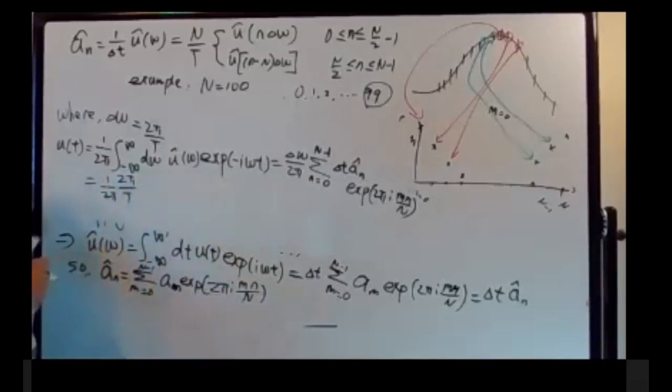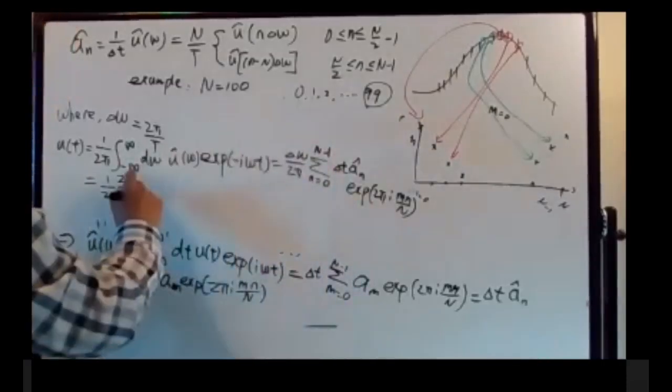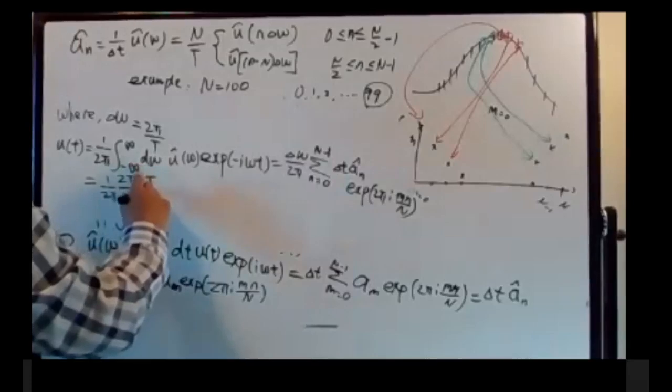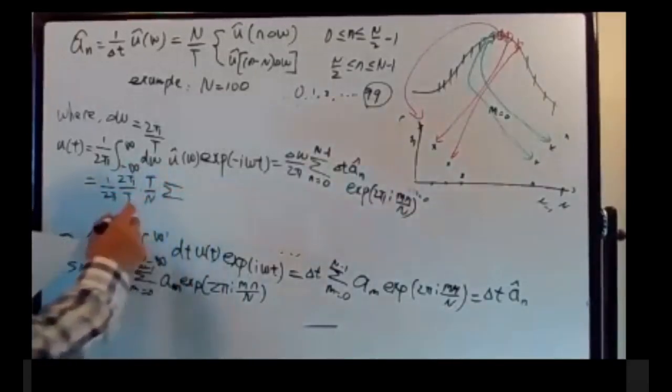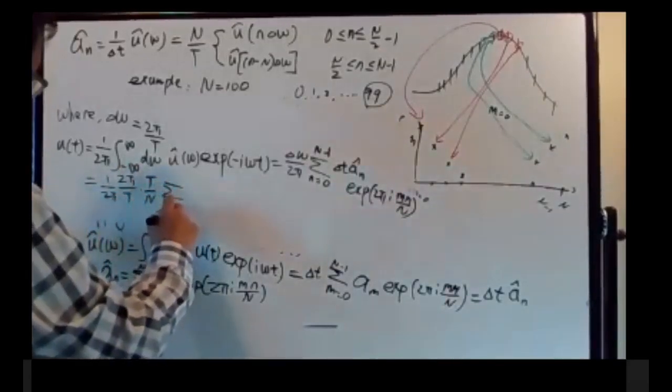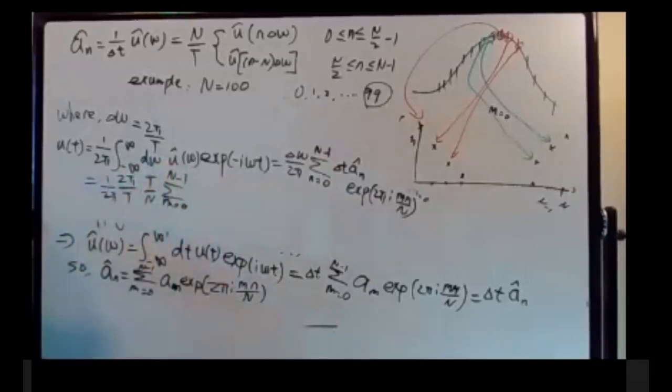And then how much is delta t? Delta t is a constant, right? It's capital T over N. And then we have m from 0 to capital N minus 1.